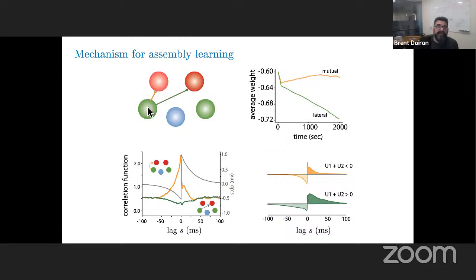What ends up happening with this plasticity rule is the mutual connections, the SOM cells projecting back to the group of pyramidal cells that tend to drive them, tend to lag because they're being driven by these pyramidal cells. Their spikes tend to lag the spikes of these pyramidal cells.